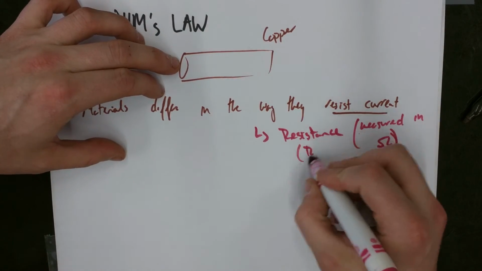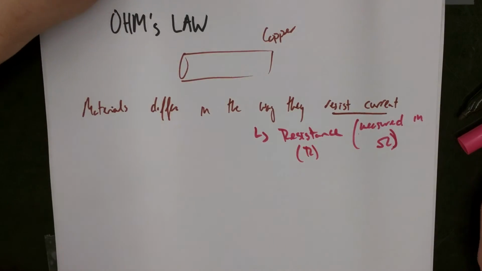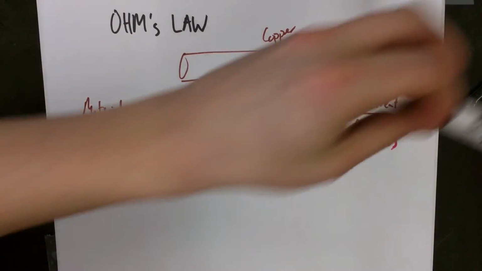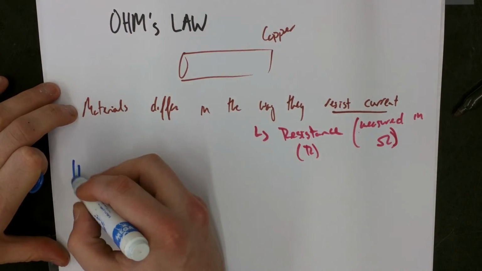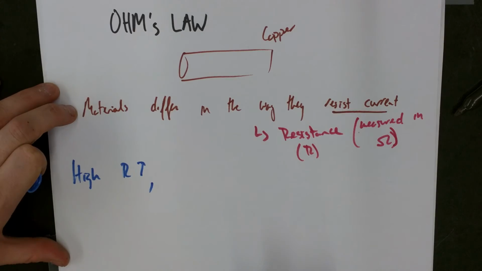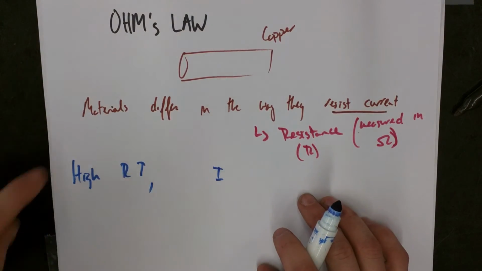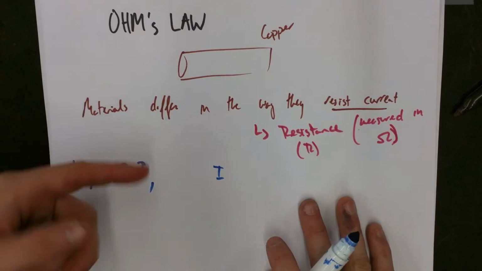Okay, and I'll call this R. So what would happen if I have a greater resistance? Higher resistance, it's going up. What happens to I? Well, the current must go down, right? If you have more resistance, then there's less flow.